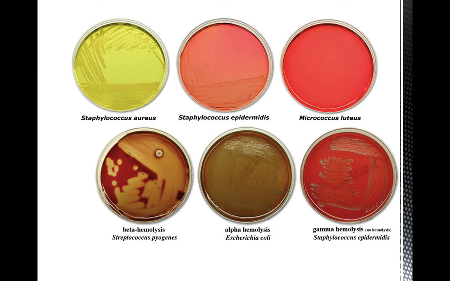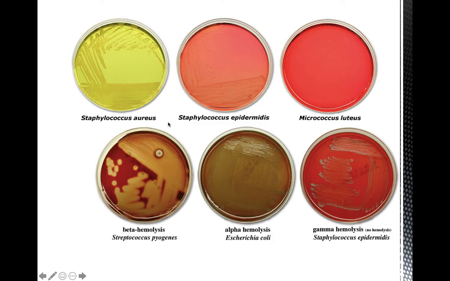Now, for the case of Staphylococcus aureus, it's capable of fermenting or using mannitol. Because of that capacity, it produces byproducts that change the pH of the whole plate, so the color changes. So for Staphylococcus aureus, the capacity to use mannitol results in a color change in the whole plate.